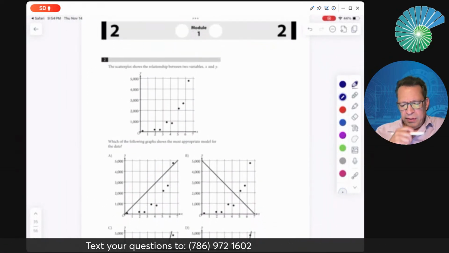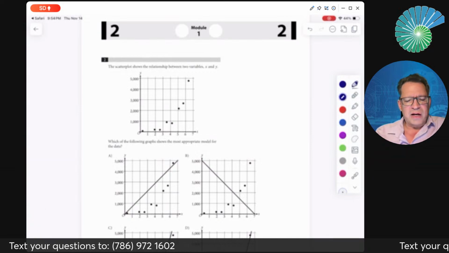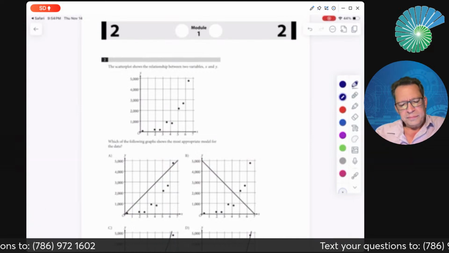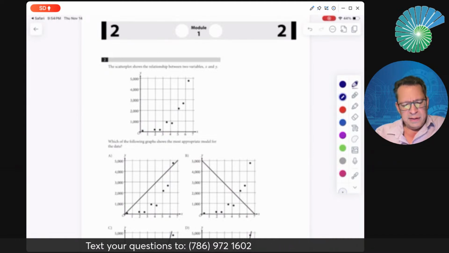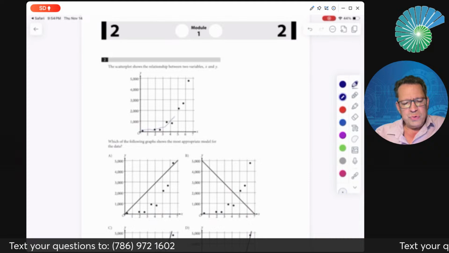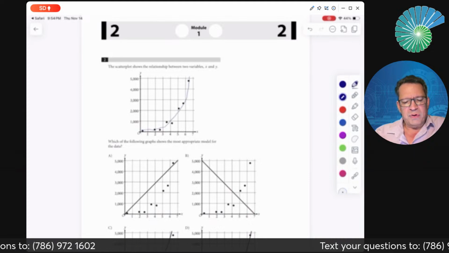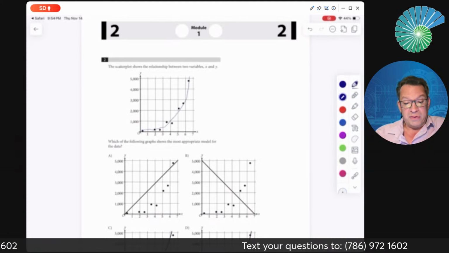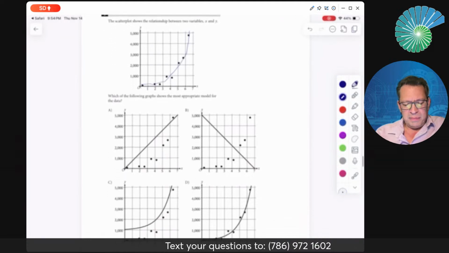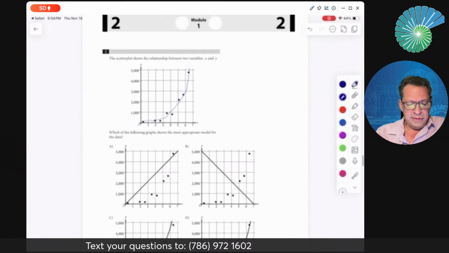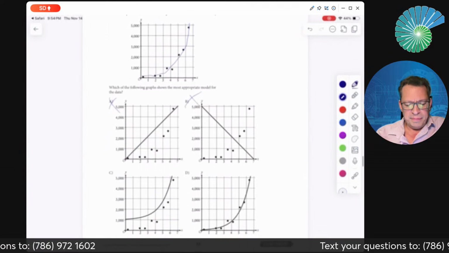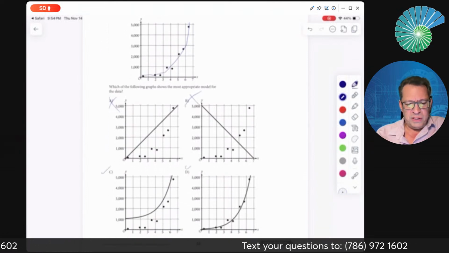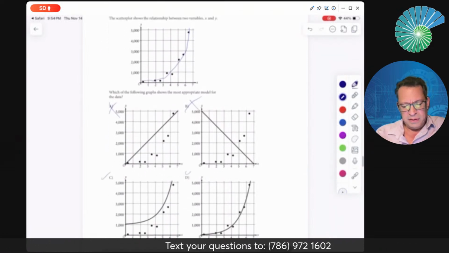Here they give me a scatter plot, and we quickly realize that the best way to sort of mimic the behavior of those points would be a curve. Now, obviously, it's not a line, so it's not A, it's not B, so it's gonna be either C or D. But which one is the best of the two?